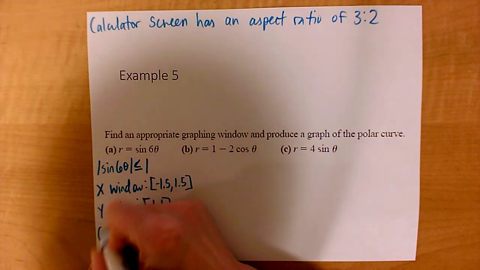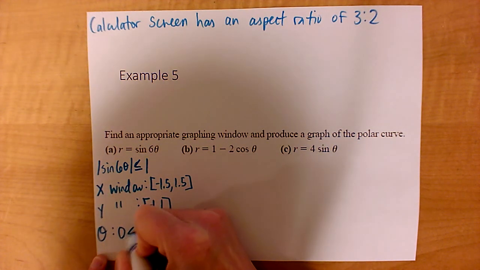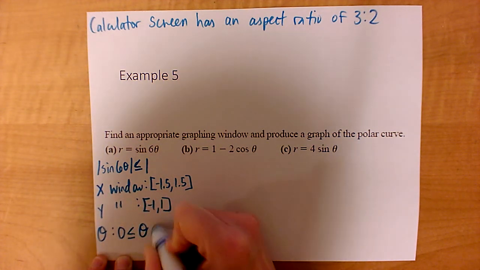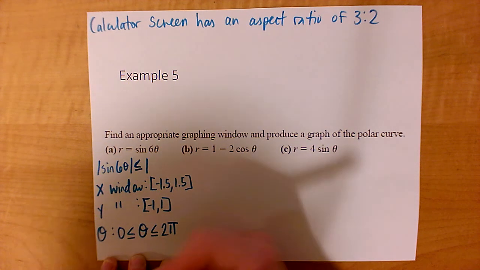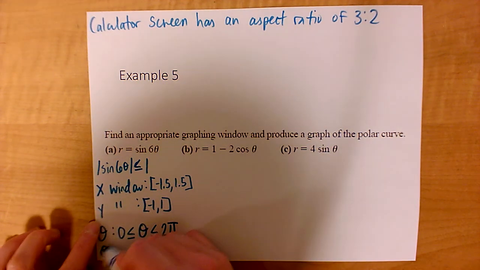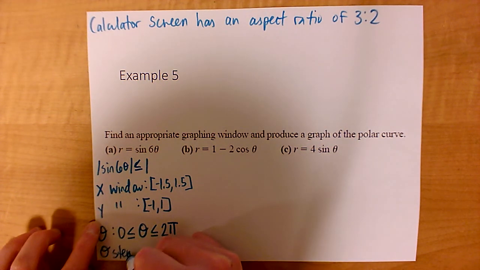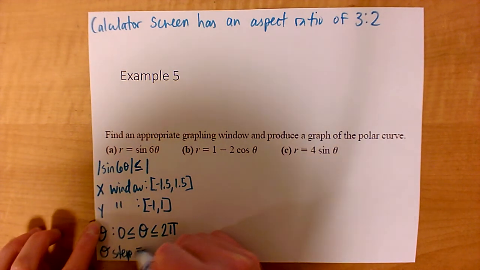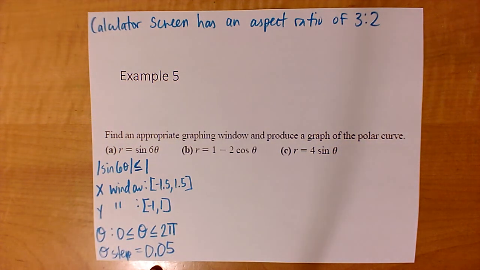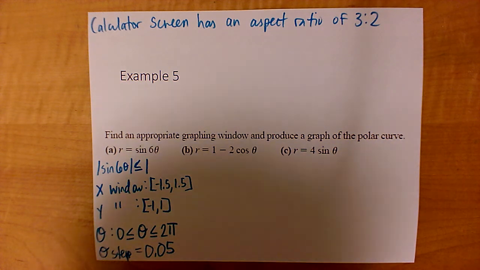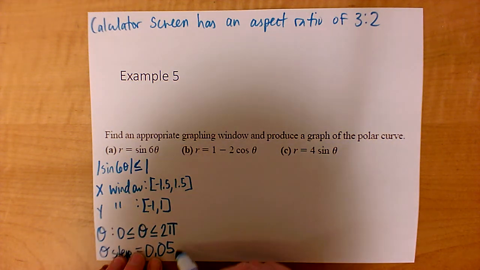And then we have to pick a range of theta. So theta will go from 0 to 2 pi. And then they'll ask us about our step, and we can use the same step for all of these. Our step will be 0.05. And that's a nice step because it gives you some detail without taking too long to graph and bogging your calculator down.